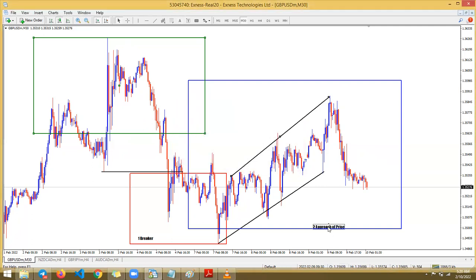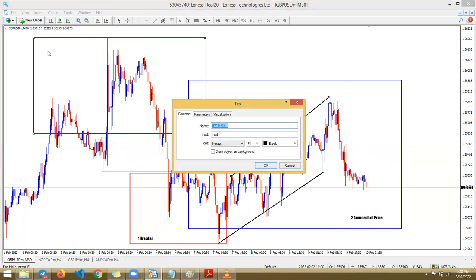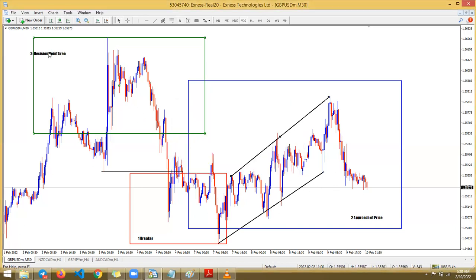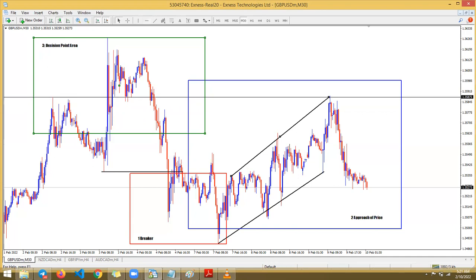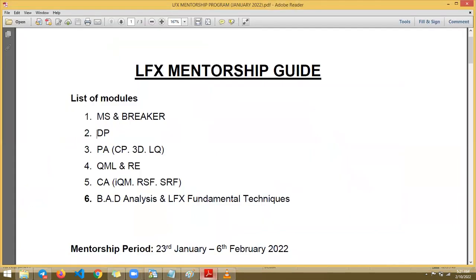Yeah, so I want to give a homework for the final session. Now notice under our decision point area is where we look out for our potential entry. Now notice here we had what we call a QML. We covered a QML under session 4.